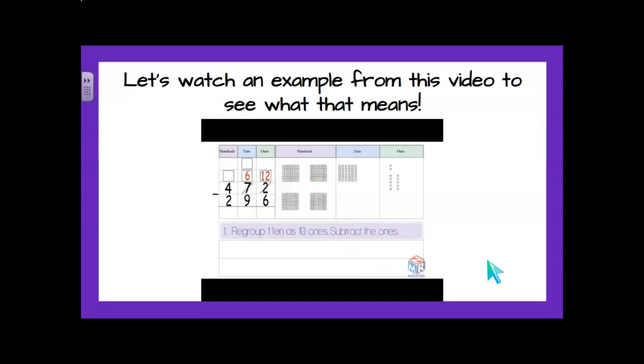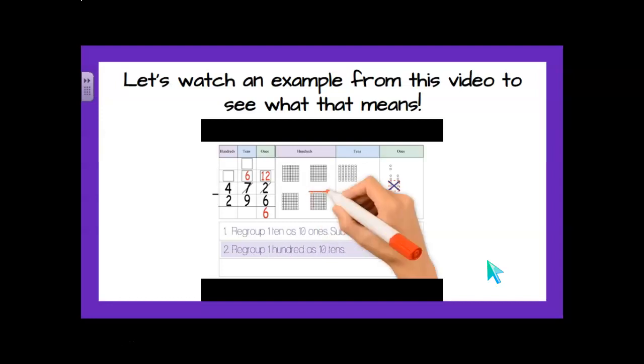Now you subtract the ones. 12 minus 6 is equal to 6. Do you have enough tens to subtract 9 from 6? No, so we regroup 100 as 10 tens.